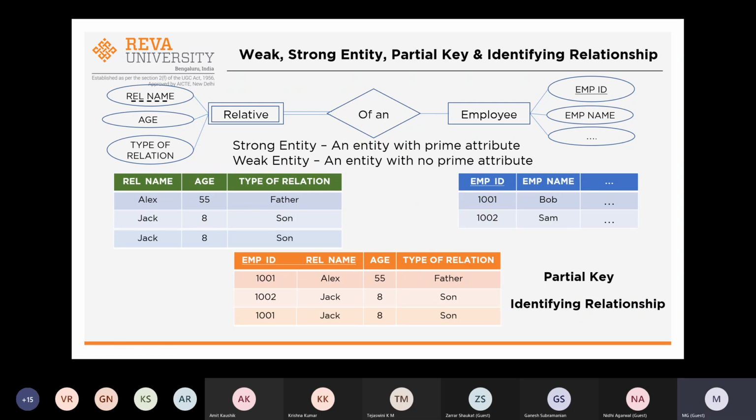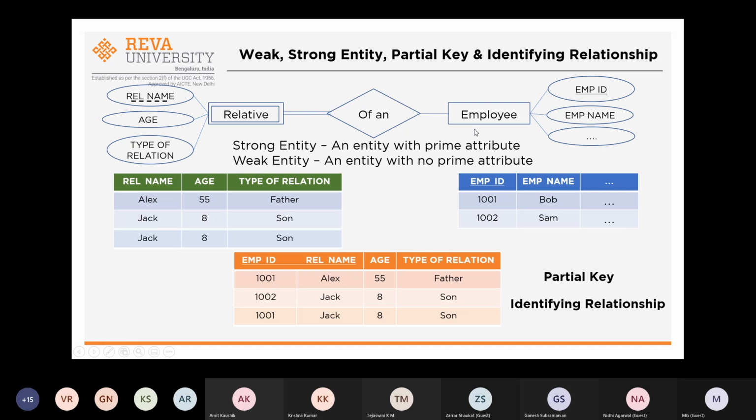And this relative name came from this entity and hence this is called a partial key.